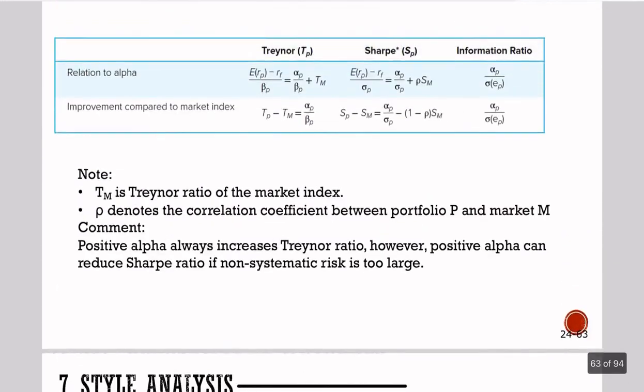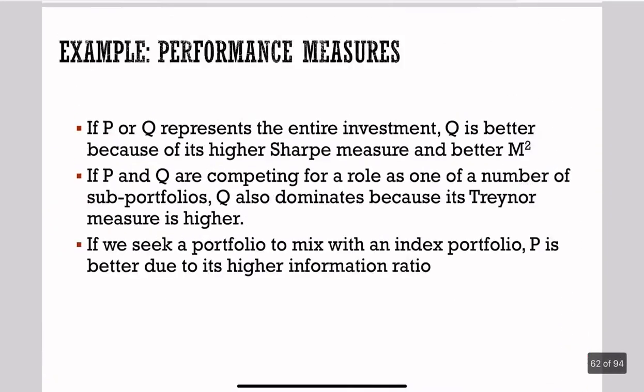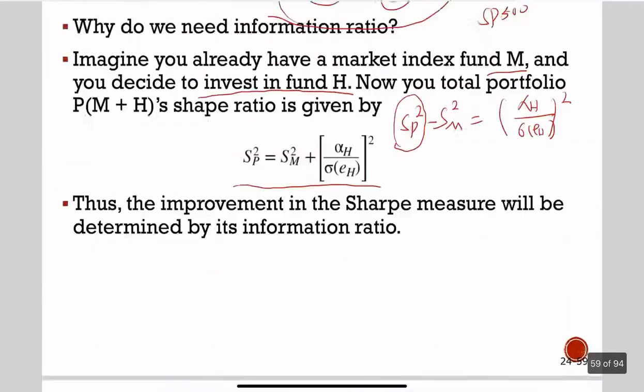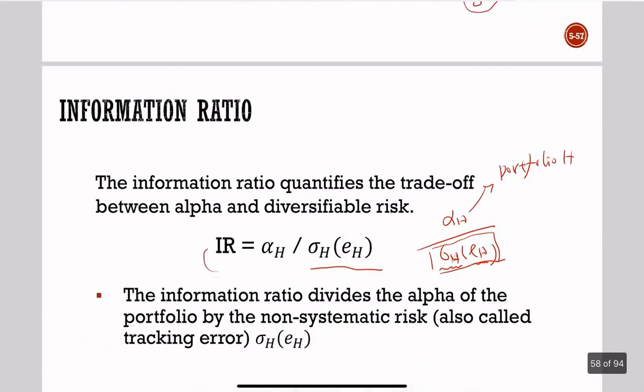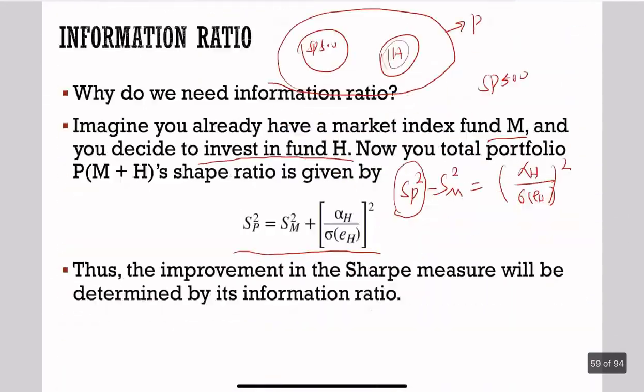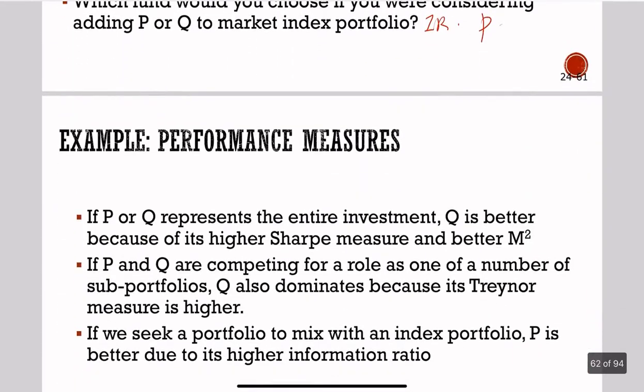Okay. Now last, let's talk about alpha. You can see that we defined alpha, but it seems that the only use of alpha is about information ratio, right? So we only used alpha to define information ratio. It seems that alpha is not that important, but actually alpha is quite important.